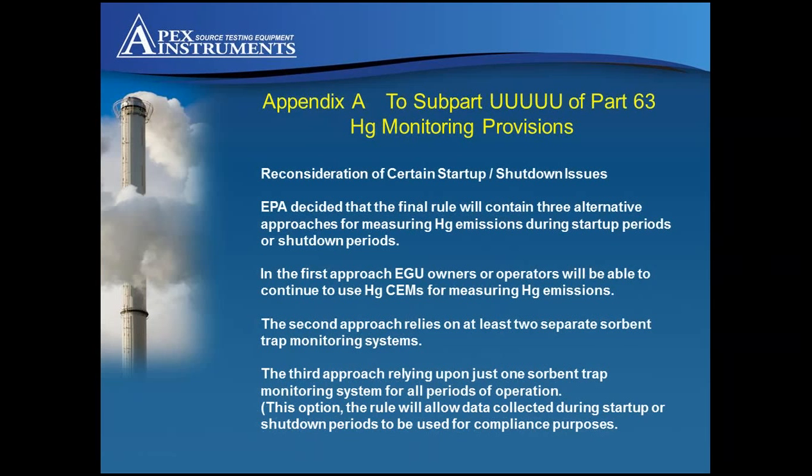In the first approach, owners or operators will be able to continue to use mercury CEMS. The second approach relies on at least 2 separate sorbent trap monitoring systems, one for startup and one for continuous running. The third approach, of course, relies on just one sorbent monitoring system for all periods of operation.